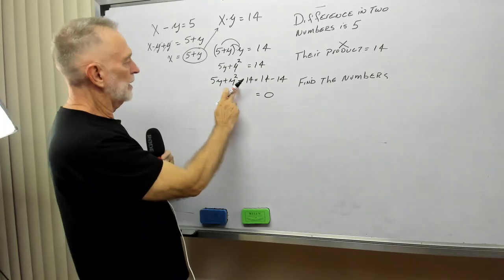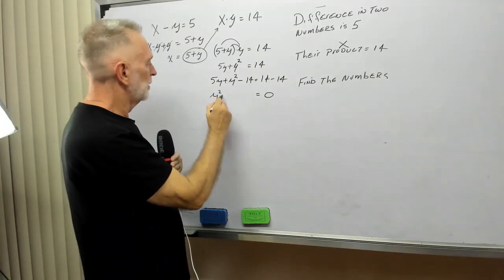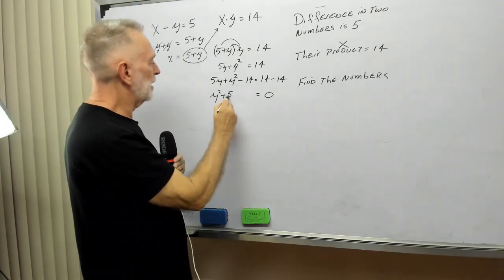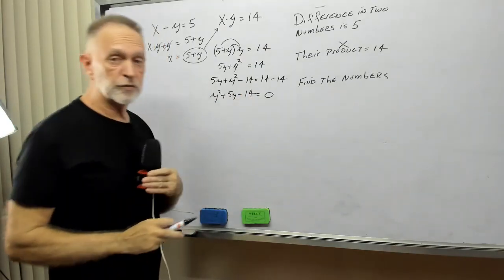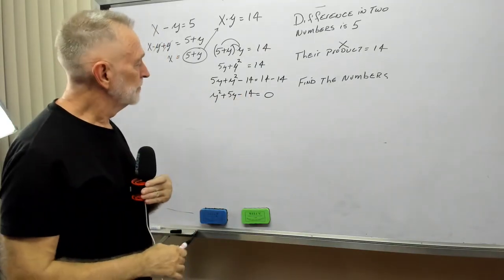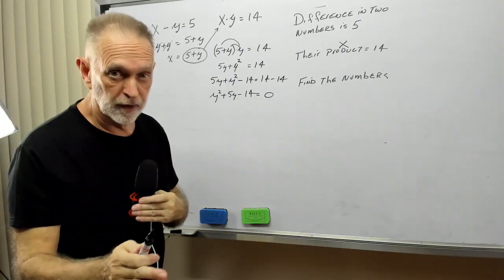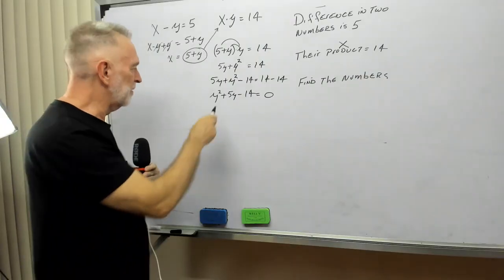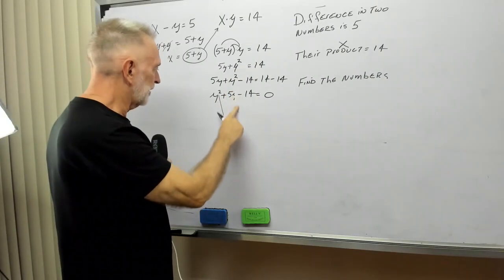Now let me organize this. I'm going to put the squared term first. So Y to the second power plus 5Y minus 14 equals 0. Hey, when in doubt, do what? Factor. If you really can't break a problem down, say, let me factor this thing.